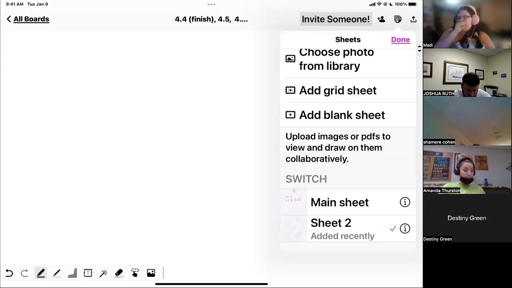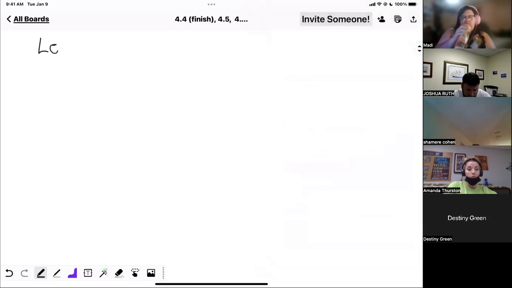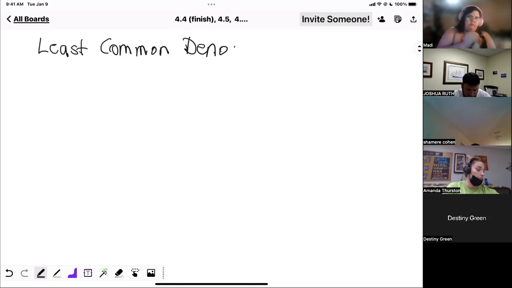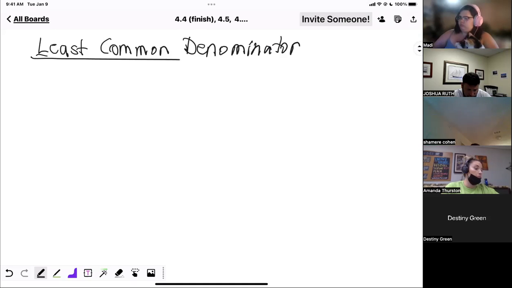So let's talk about least common denominator. This is really at the end of 4-4. I'll put 4-4, and I'm going to put /4-5 because I tied it together.